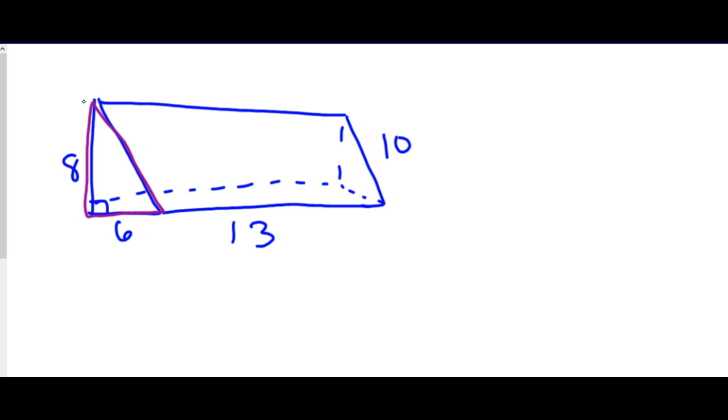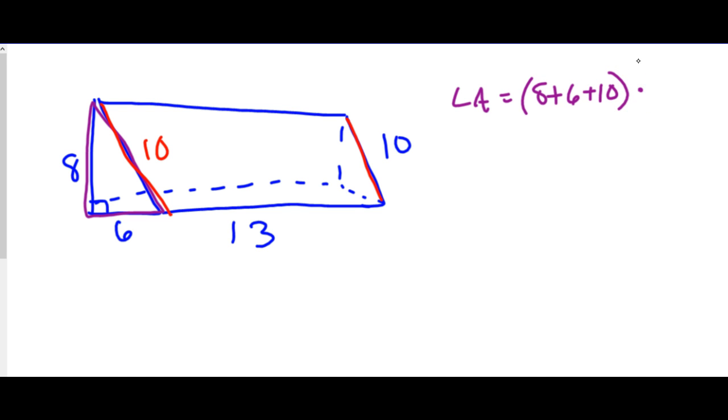So if we're going to start by finding the lateral area, that is the perimeter of the base times the height of the prism. So right now we have a 6, we have an 8 on the base. We need this third side, but it has a matching side across from it, so we can move the 10 over there as well. So perimeter would be the 8 plus 6 plus 10.